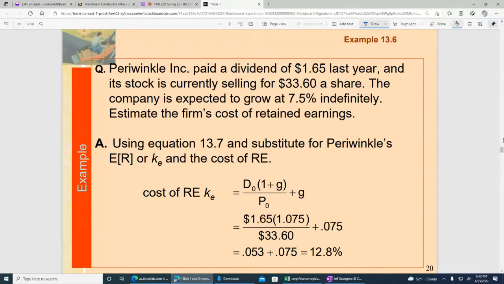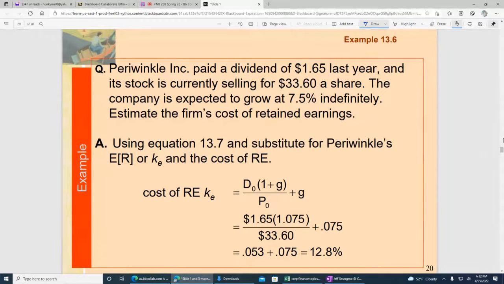So if this project doesn't generate at least 10%, it's better not to use retained earnings on the project. If this project isn't going to return more than this required return, it's better to put it into the market.